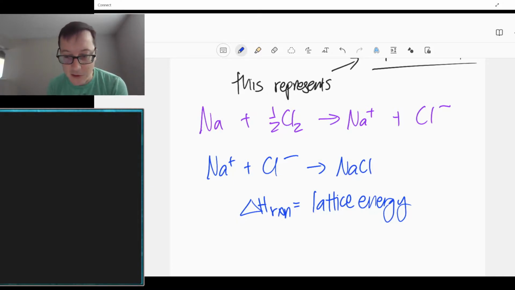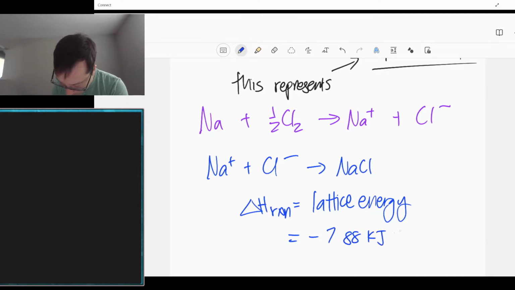We'll talk about that more in chapter 12, I think, when we start looking at structures of solids. And we see that this value, for this particular reaction, is a negative 788 kilojoules per mole. Strongly exothermic. This is very favorable to take two ions and put them together.